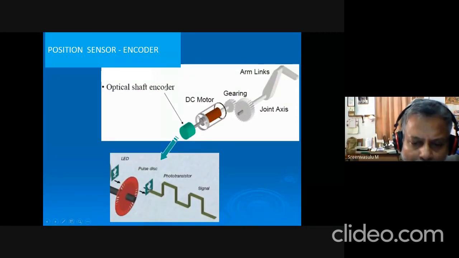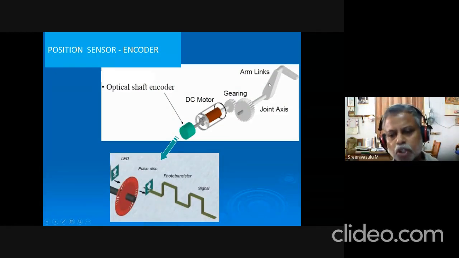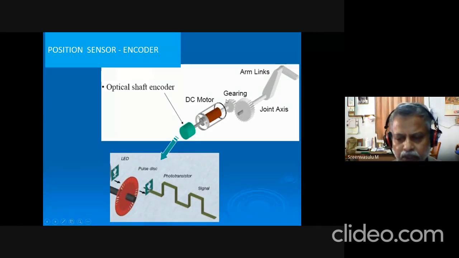Position sensor encoder with the support of an optical shaft. See, you have a DC motor, you have gearing. This is your robot joints, arms. Based on the movement of the arm, that is going to move this particular gearing, that is going to move this DC motor, and that is going to give an input to the optical encoder. You can see even here slots are there.